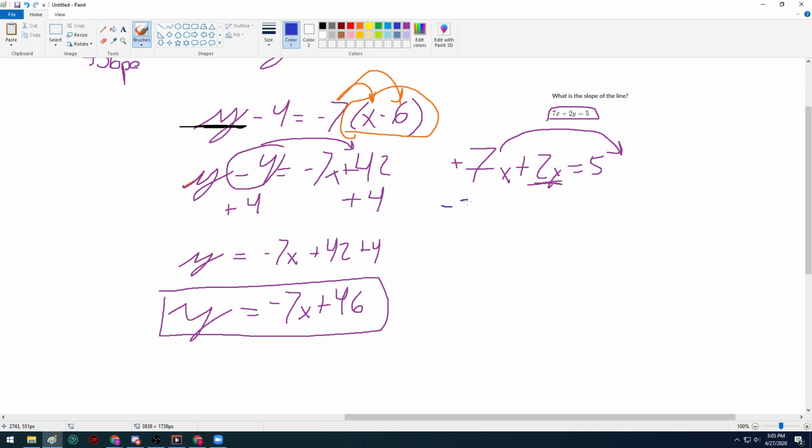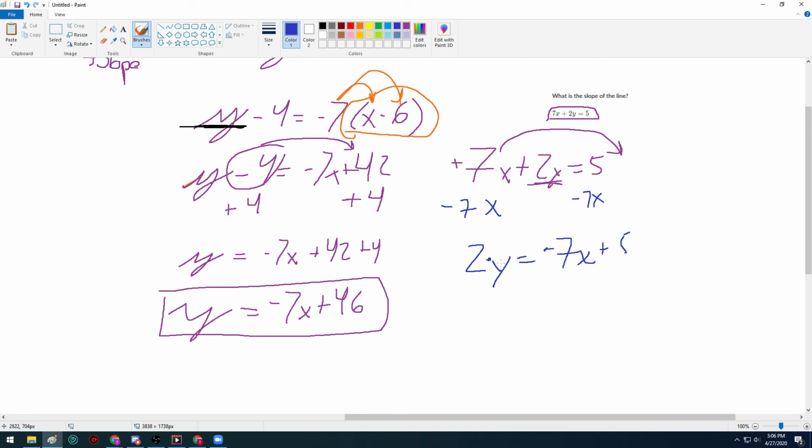Well, we subtract, because the opposite of addition is subtraction, but we do it to both sides. So now we're going to rewrite our equation: 2y is equal to negative 7x plus 5.